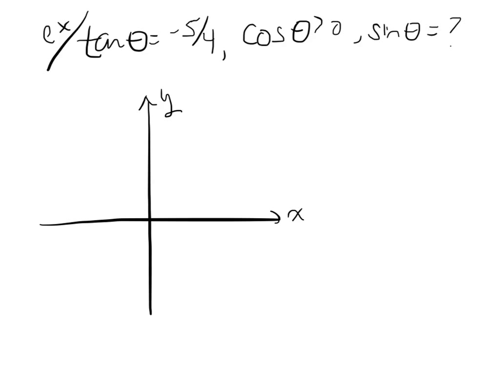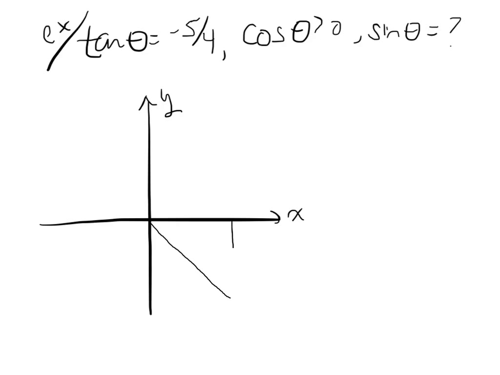And I'm going to notice here that tangent is negative, but cosine is positive. So cosine is positive in the first and the fourth quadrants, but it's only in the fourth quadrant that tangent is also negative. So I'm going to draw my angle here.